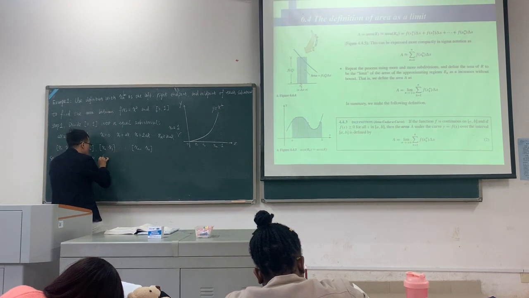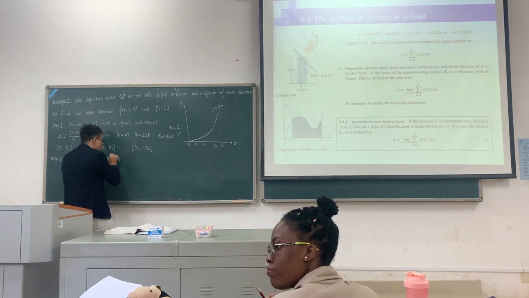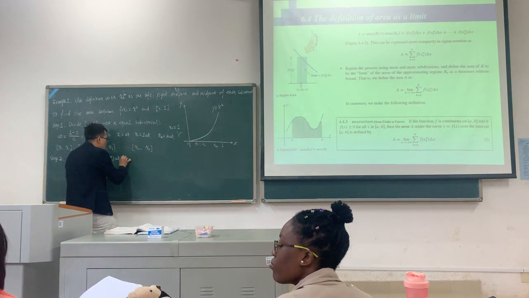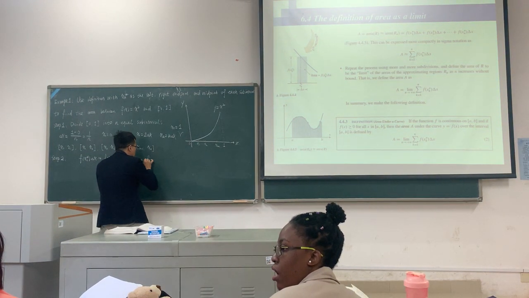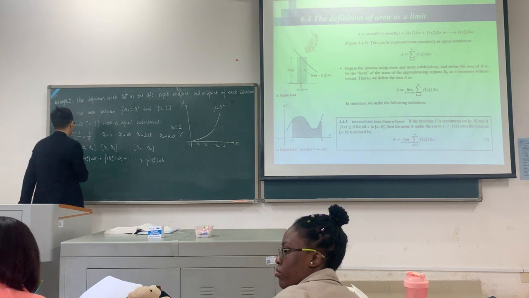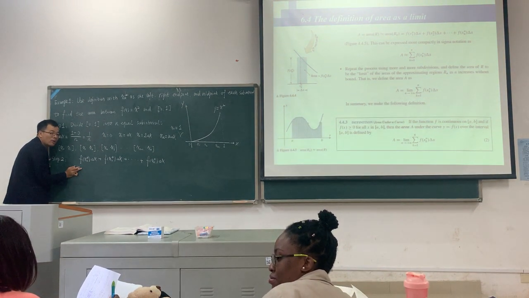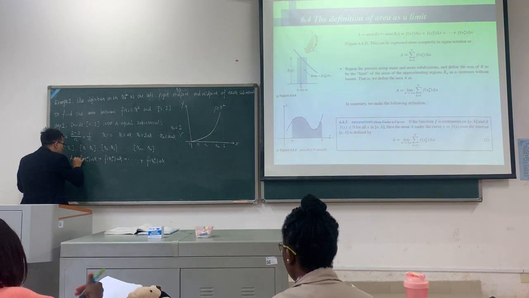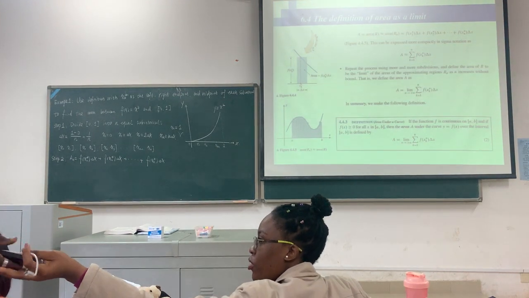And the second rectangle, f(x2 star) times delta x. This is the area of the second rectangle. So go on. The last one is f(xn star) times delta x. So this is the total area of n rectangles. We denote it by An.